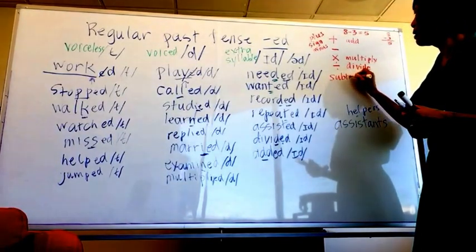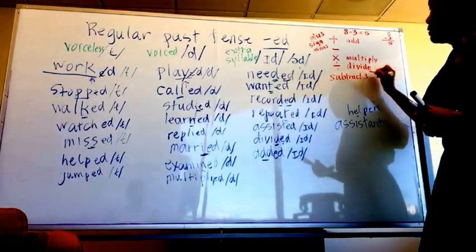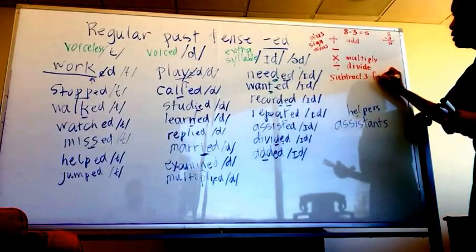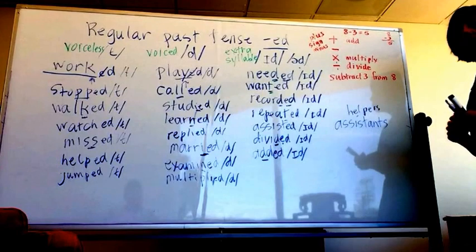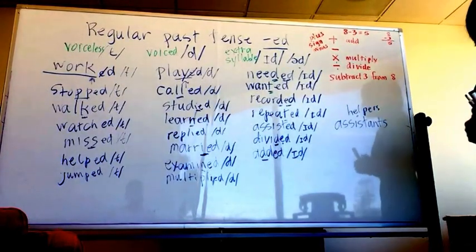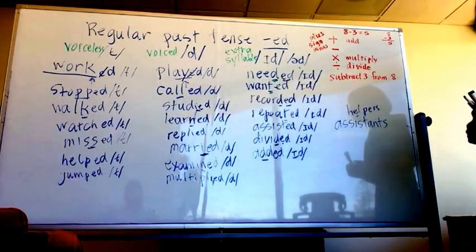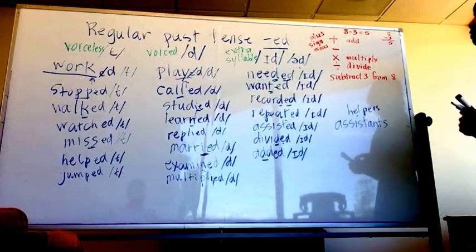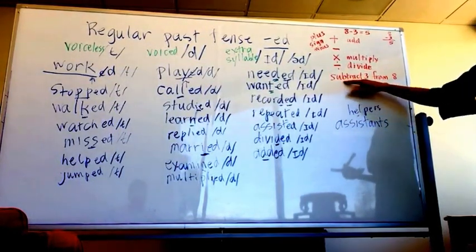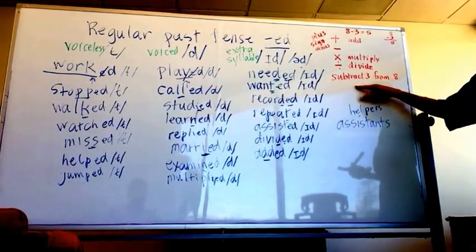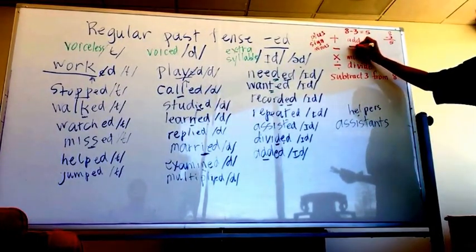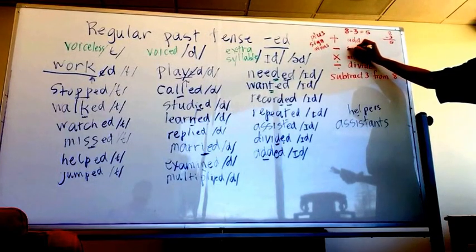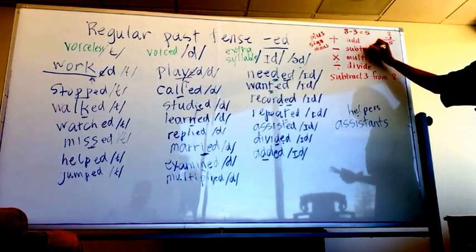Subtract 3 from 8. And what's the sum? What's the answer? What's the total? Subtract 3. So this one is the verb. So here we have the symbols, minus sign, and we have the verb, subtract.